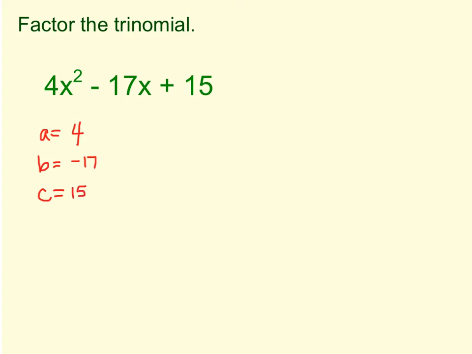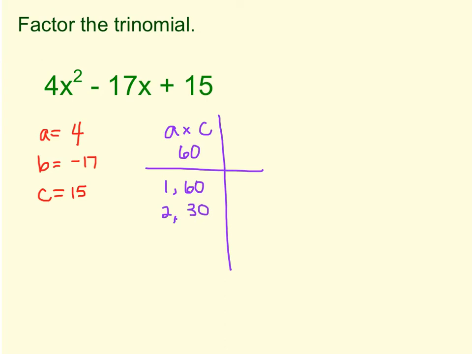All right, so here's how this method works. First, you're going to take the a value times the c value. So 4 times 15 is 60. And what we're going to look for are factors of 60. So you've got 1 and 60, 2 and 30, 3 and 20, 4 and 15, 5 and 12, 6 and 10.